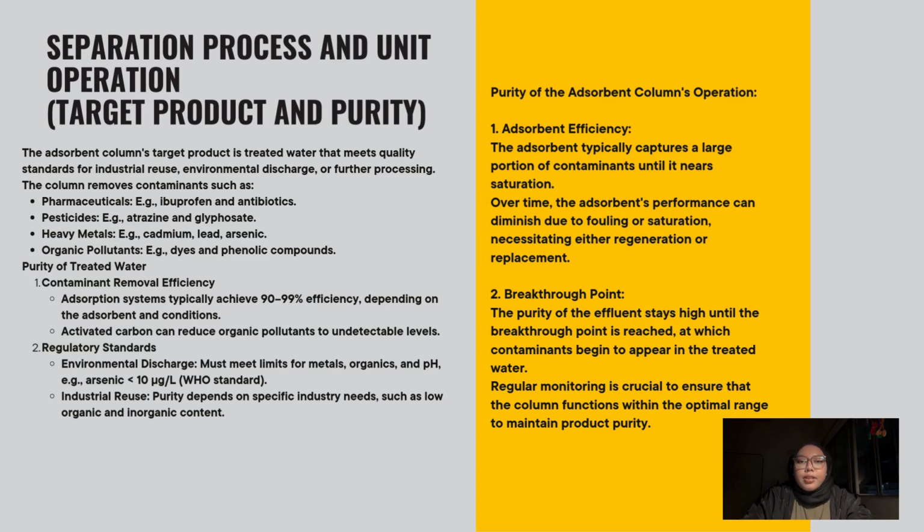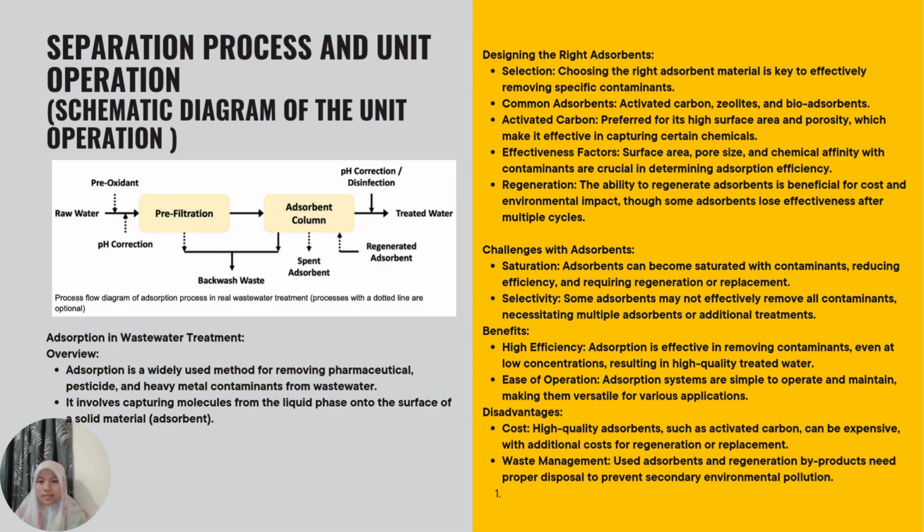Another point is the breakthrough point. The purity of the effluent stays high until the breakthrough point is reached, at which contaminants begin to appear in the treated water. Regular monitoring is crucial to ensure the column functions within the optimal range to maintain the product purity. This is a schematic diagram of the unit operation adsorption.